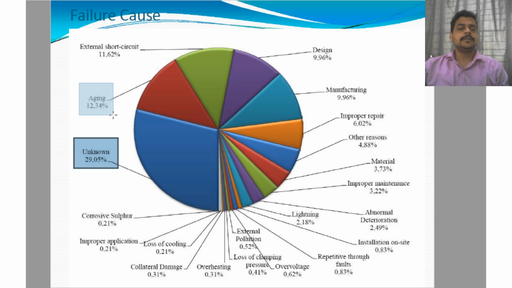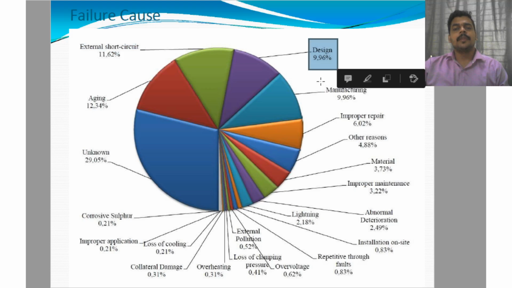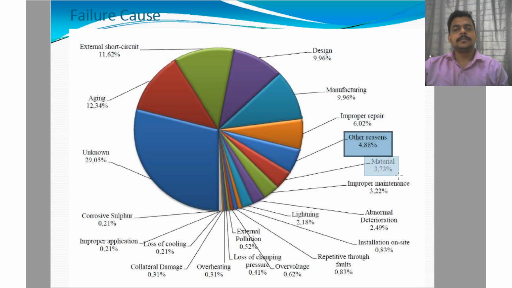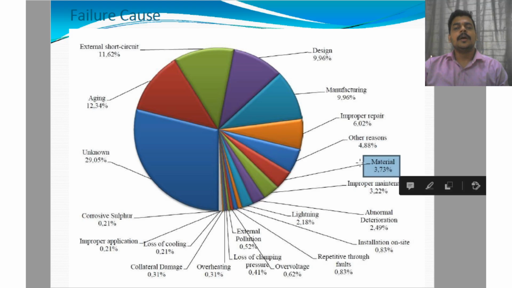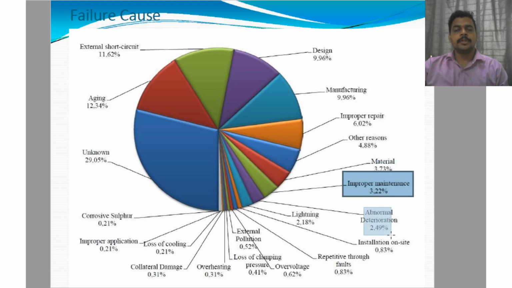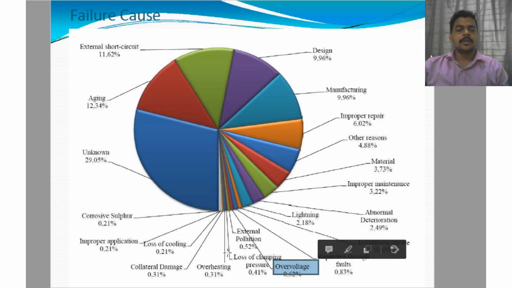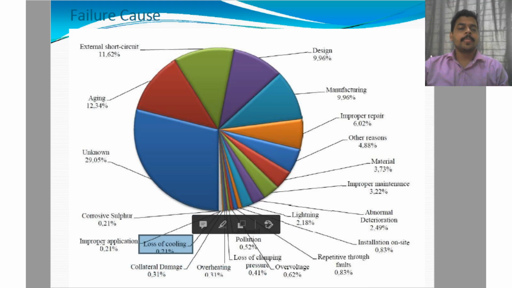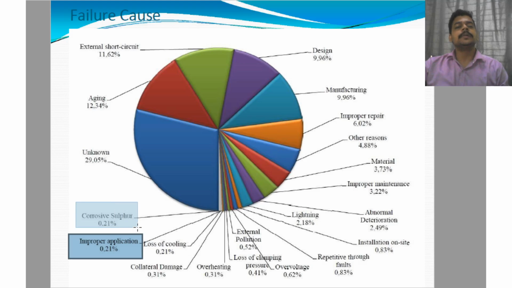Let's say aging is a main cause, external short circuit is the third major cause, then design failure, manufacturing, improper repair, other reasons, material, improper maintenance, abnormal deterioration, lightning or surges, installation on site, repetitive through faults, over voltage, pressure, loss of clamping pressure, external pollution, overheating, collateral damages, loss of cooling, improper application and corrosive sulfur.